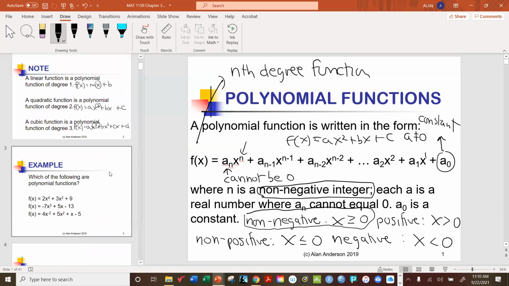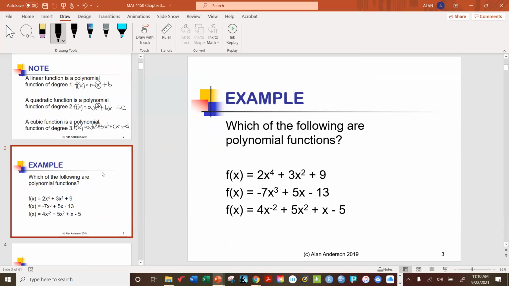So in fact, we're going to have a little quiz right now. Which of the following qualify as polynomials? Well, the first one is fine. Each n is a non-negative integer. And when I say n, I mean exponent. Is the last one fine?